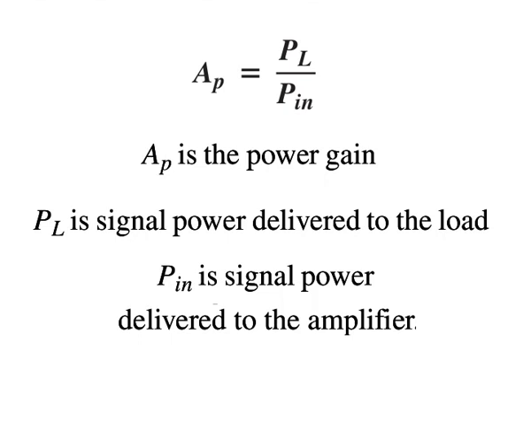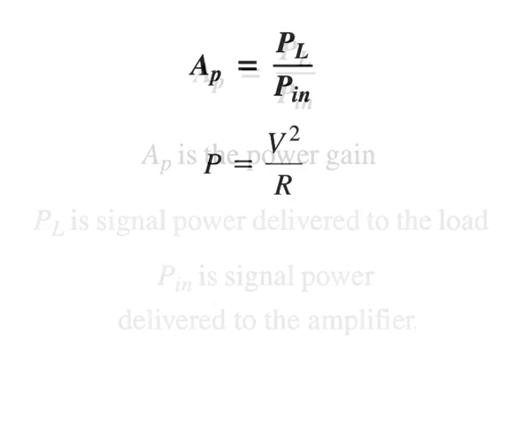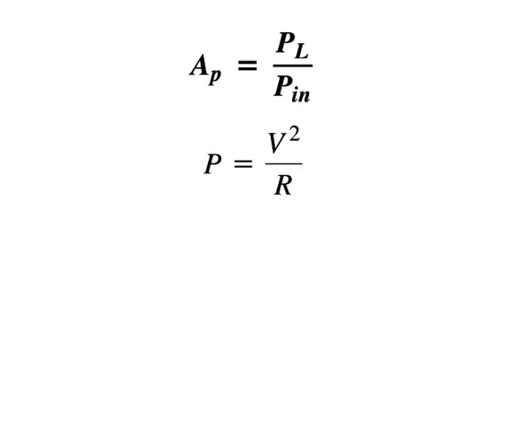To see how this is done, recall that power can be expressed in terms of voltage and resistance as P is equal to V squared over R. For AC power, the voltage is expressed as RMS. The output power delivered to the load is given by PL is equal to VL squared over RL.